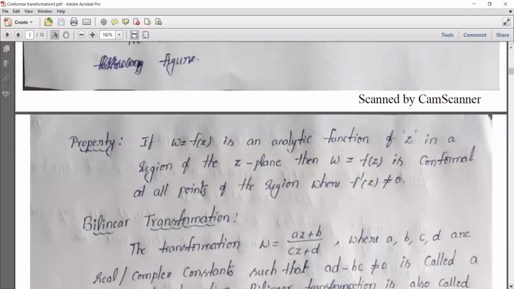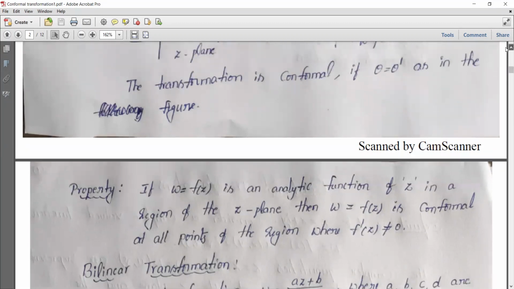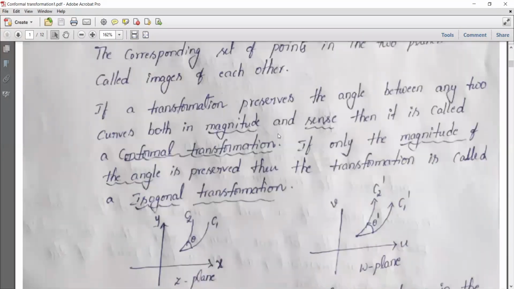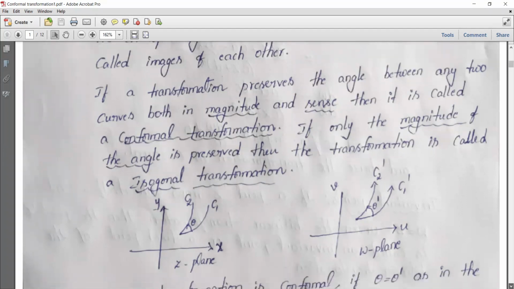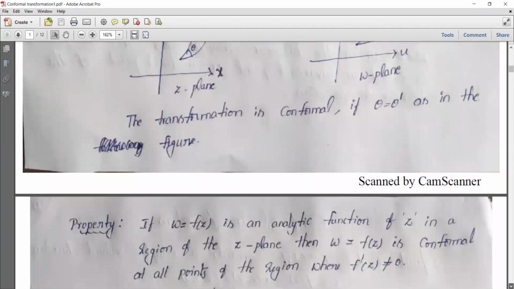I'm going to another important property. Once you check the conditions of a conformal transformation, what are the conditions? The angle, magnitude and sense must be the same. It is always difficult to calculate the angle and also its magnitude and sense. That's why, based on one property, we can easily say whether the transformation is conformal or not.